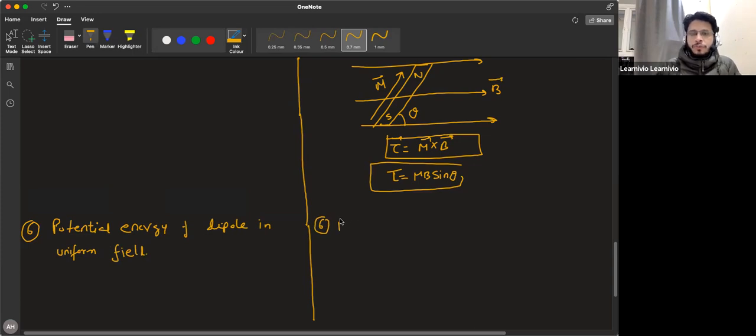So here we use the potential energy of a bar magnet in a uniform magnetic field.